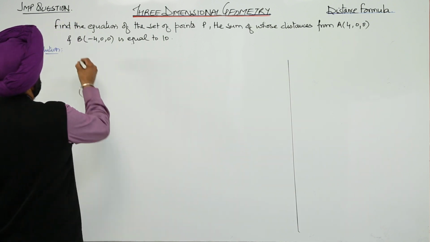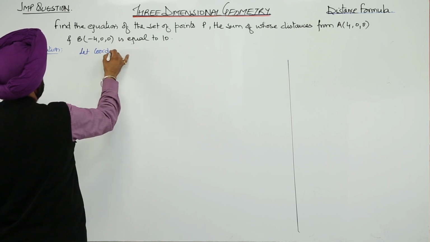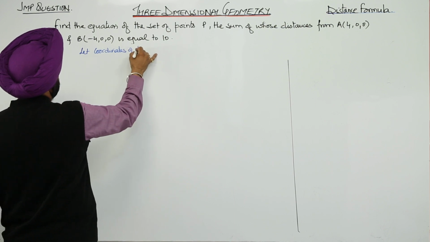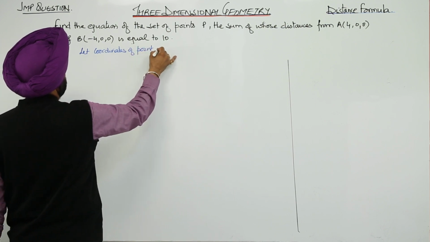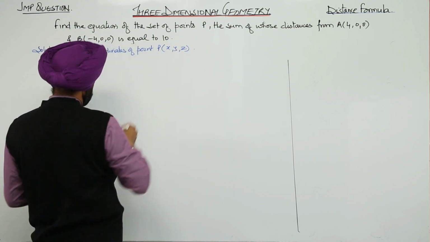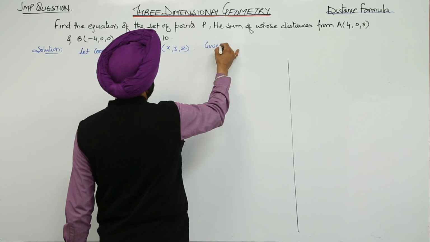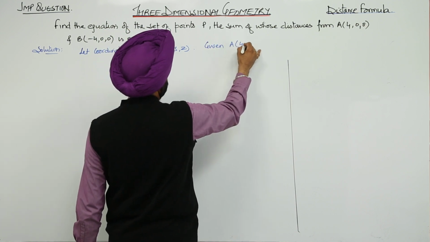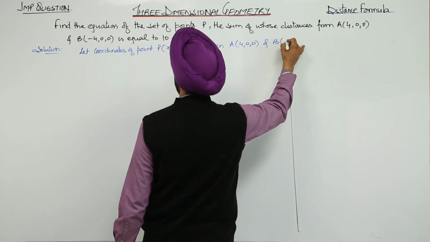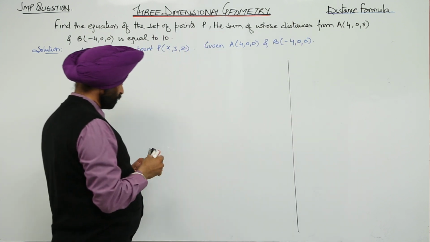Now let the coordinates of point P be x, y, z. Given A is (4, 0, 0) and B is (-4, 0, 0).